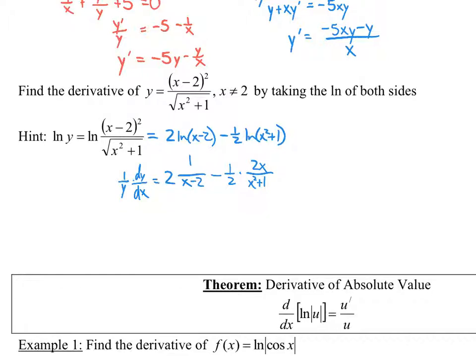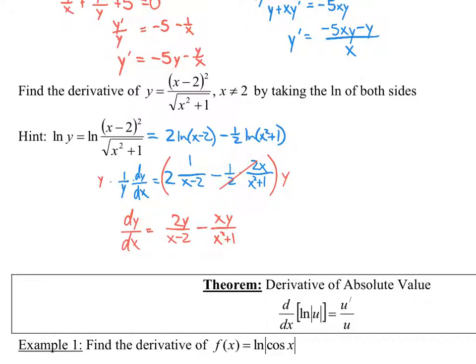Okay? I can cancel out the 1/2 with the 2 here. But notice here, to solve for dy dx, all I have to do is multiply both sides by y. And my final answer would be dy dx equals 2y over x minus 2, minus xy over x squared plus 1.